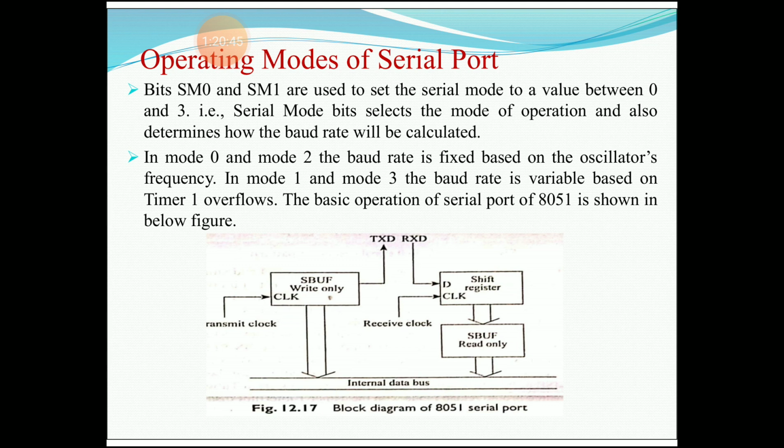Here, the serial buffer register performs two operations, that is transmit buffer and receive buffer. The controller can transmit the data through the transmit buffer by using the transmit clock signal, and the receive buffer receives the data by using the receive clock signal. So the data is transmitted using the internal data bus of the microcontroller.